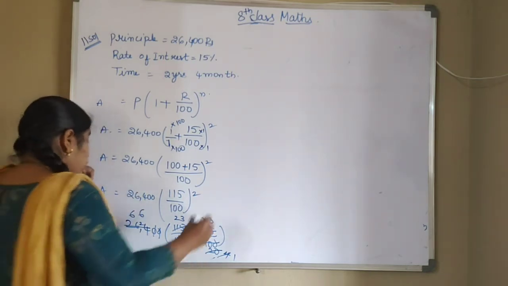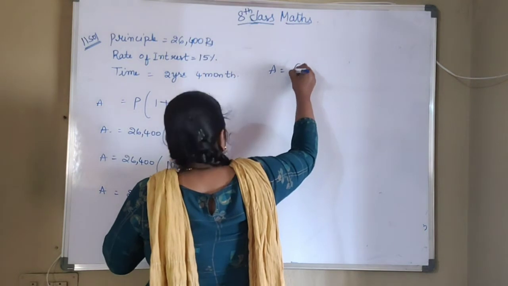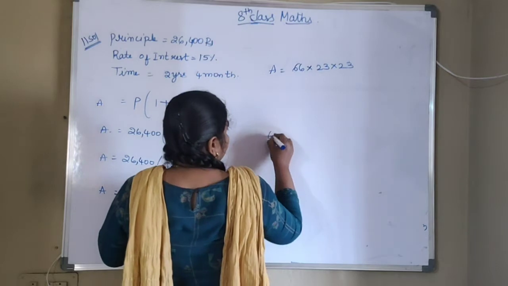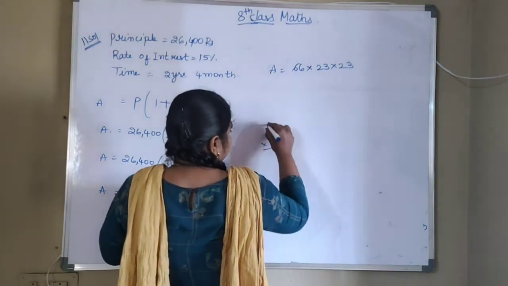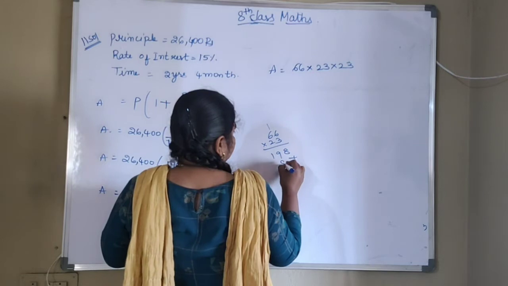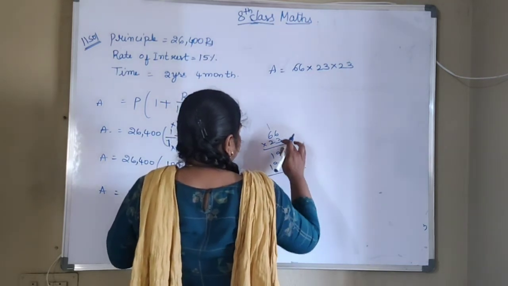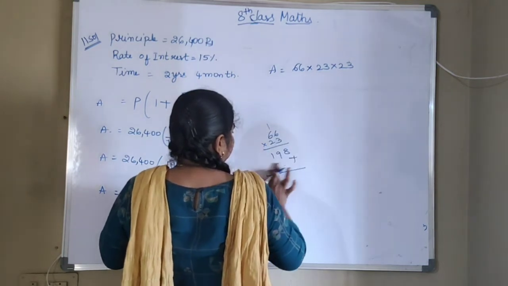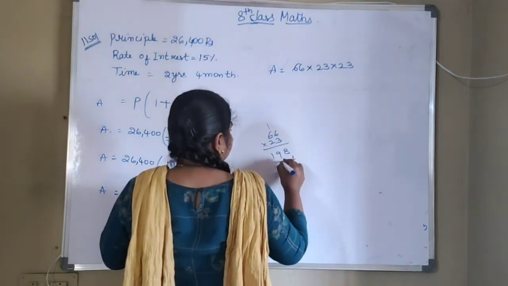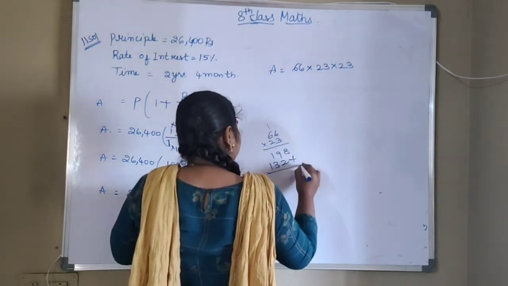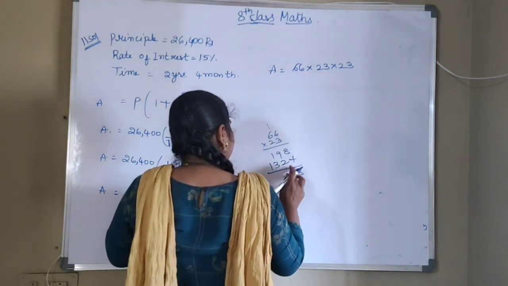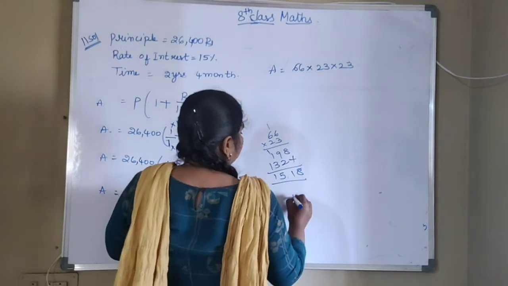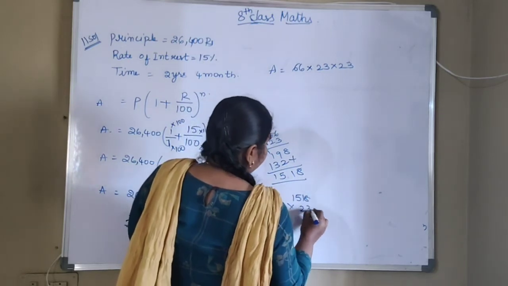So how much value did you get? That is A is equals to 66 into 23 into 23. Multiply all this. So 1518 into 23 we have to do.